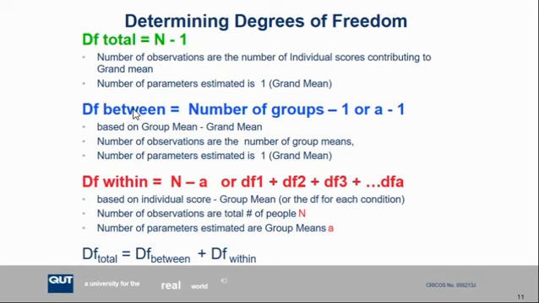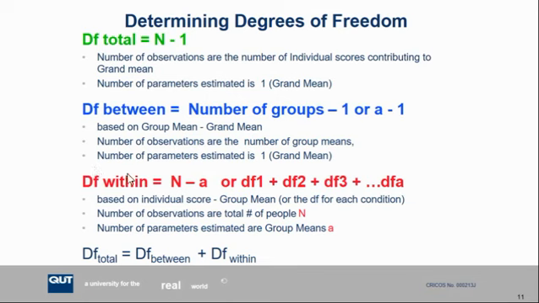Our degrees of freedom between, if you remember what the formula is, we're looking at each group mean away from the grand mean. So our degrees of freedom between are a factor of the number of groups minus 1. Because the number of parameters being estimated is still only the grand mean, but now the number of observations is just each group mean. Okay.